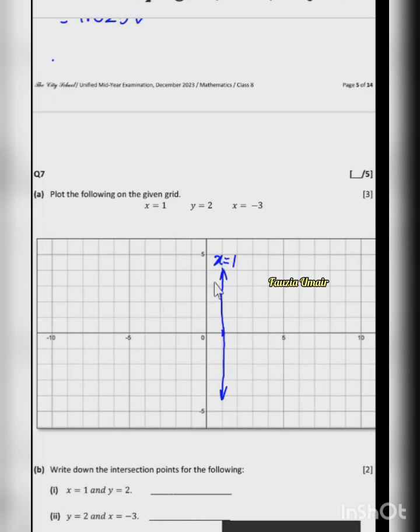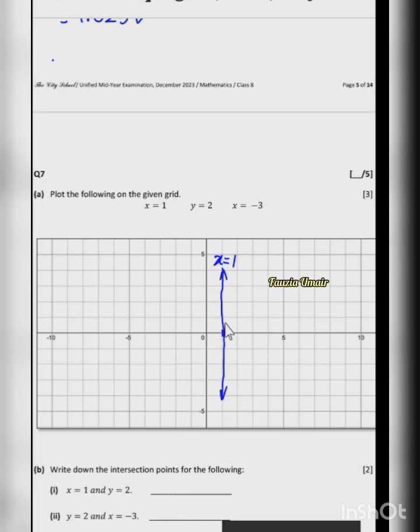So how would I draw x is equal to 1? I will start with the origin and move towards this side because x is 1. Now I will draw a straight line. This line x is equal to 1 is telling me that for every value of y, x is always 1.